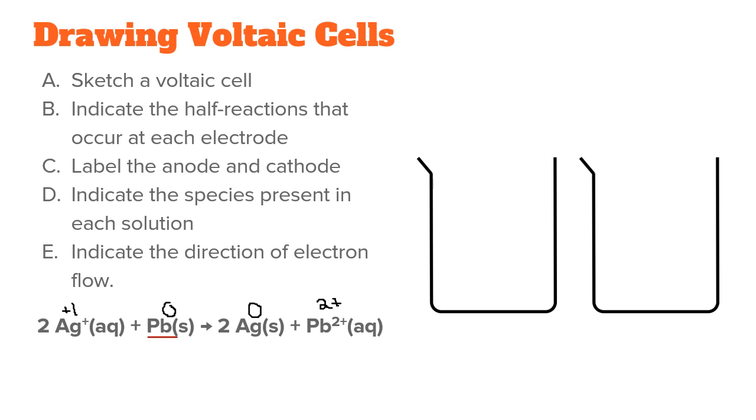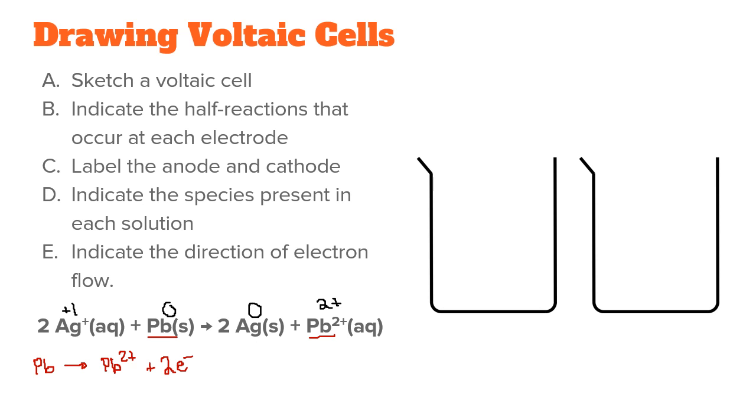Its oxidation state is increasing. So we're going to have Pb solid going to lead 2+. And then to balance charges, the +2, we also are going to have 2 electrons being produced. So lead is giving up electrons and ending up as a positively charged ion.